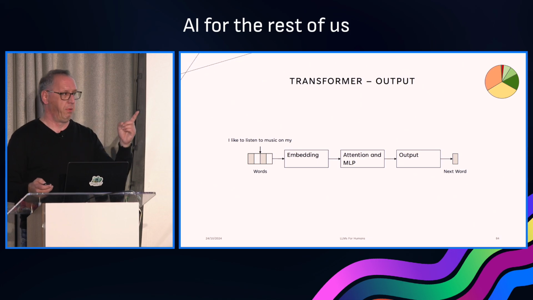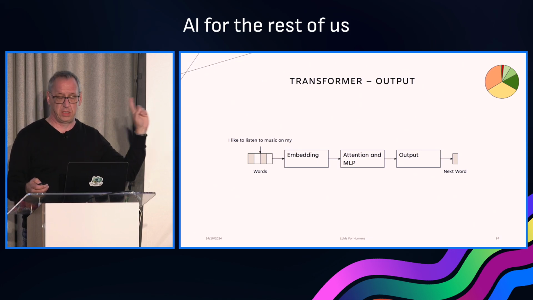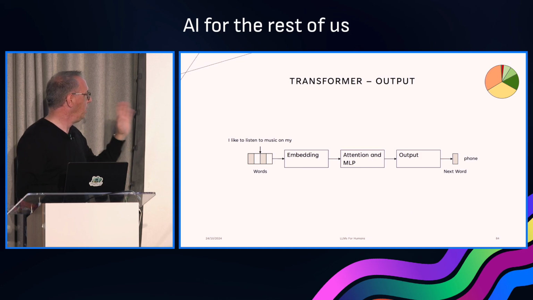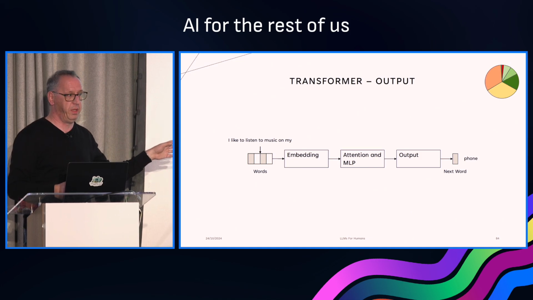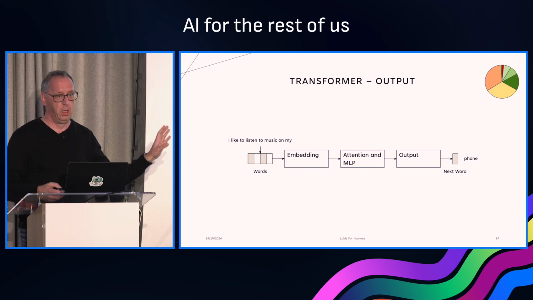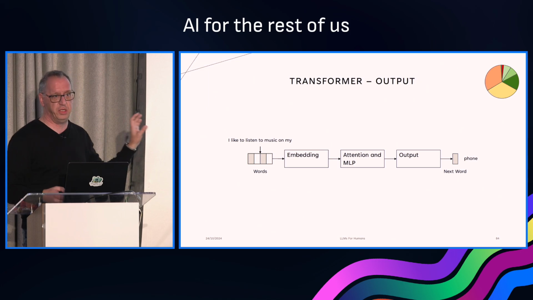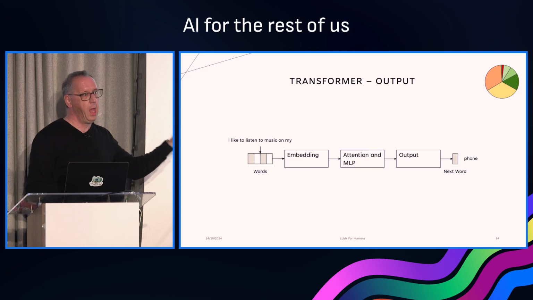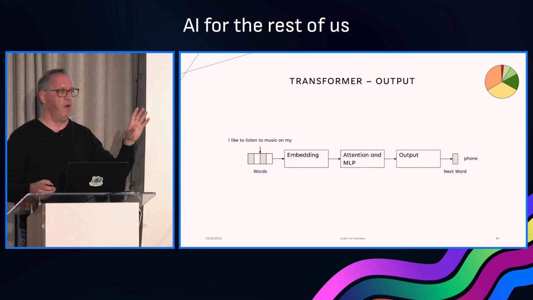So, quick recap. We put a sequence of words in. We converted each one of those to 12,000 different numbers in the embeddings. We then took those embedding values and went through a contextual match and some additional attribution in the attention and multi-layer perceptron block. And off the back of that, we took the final values for the last word in our sequence, the word my, and we calculated the probability of each of the words in our language model as to what comes next.